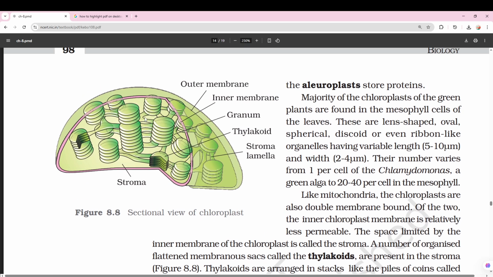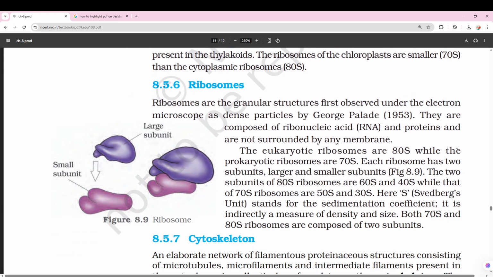This is the sectional view of a chloroplast: outer membrane, inner membrane, granum, thylakoid, stroma lamella, and the stroma. Ribosomes. Ribosomes are granular structures first observed under the electron microscope as dense particles by George Palade in 1953.